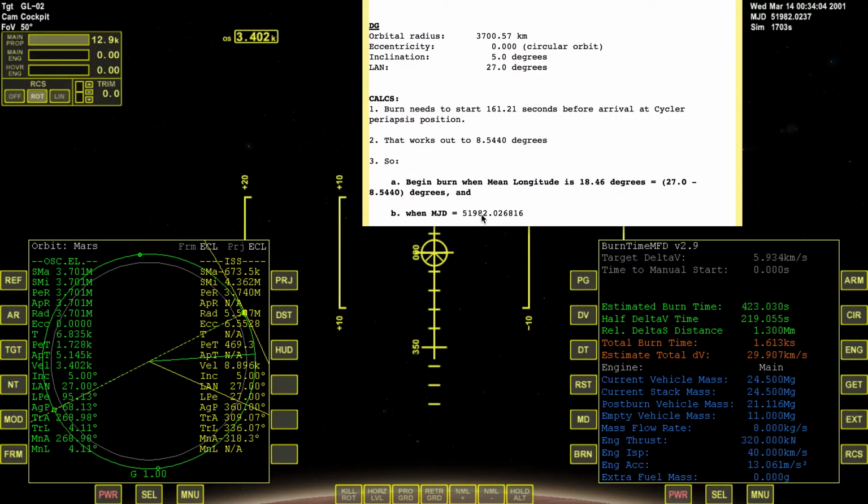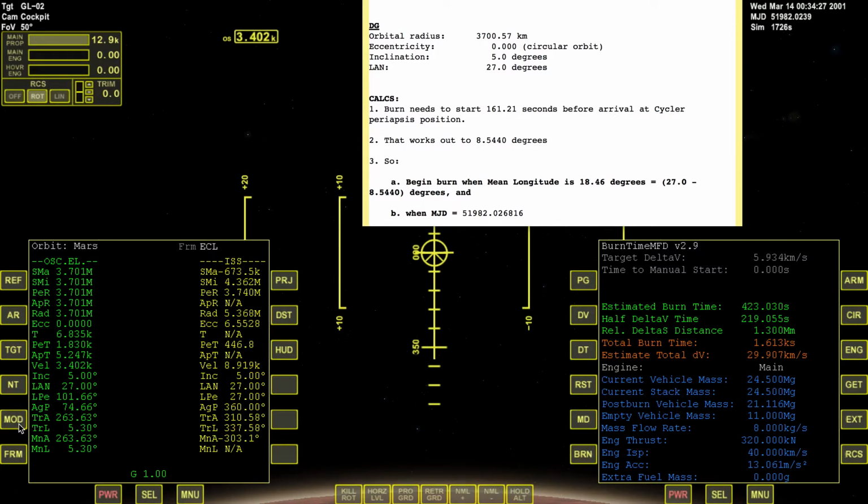We know that we need to execute the burn at 51982.0268. We're getting quite close now to this number. We're not going to use the MJD date as the trigger for setting the burn. We're going to use the mean longitude here, which gives us a bit more precision in setting up the burn.